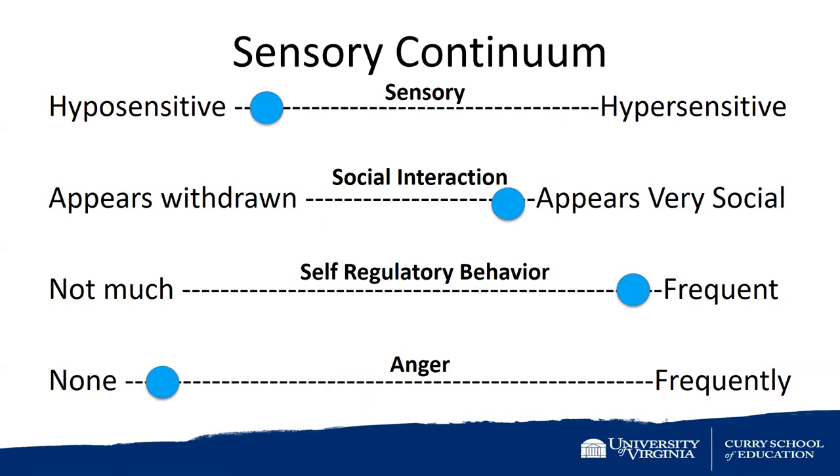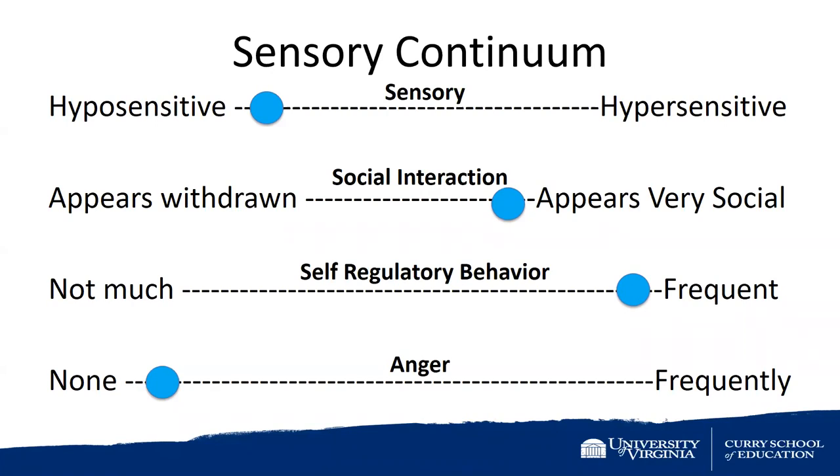On other days or in other situations, our sensory continuums can look like this. Say, for example, you're lying on a beach. You may be hyposensitive, so you may be less aware of sensations in your environment that might in other scenarios be irritating. It's hot, but I'm relaxed, I'm in a happy situation, so I'm less aware of that. As a result, I may be very social.